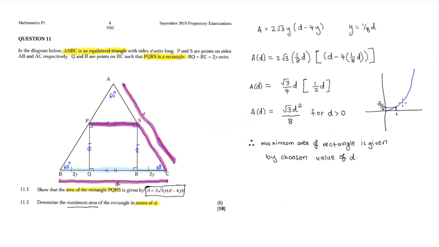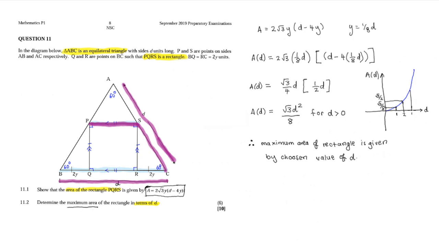If you choose your D value to be 2, then, this is the D axis and this is your A of D axis, the maximum area of this rectangle is going to be the root of 3 times 2 squared, which is 4, divided by 8, which simplifies to root 3 by 2. And you can see it carries on.